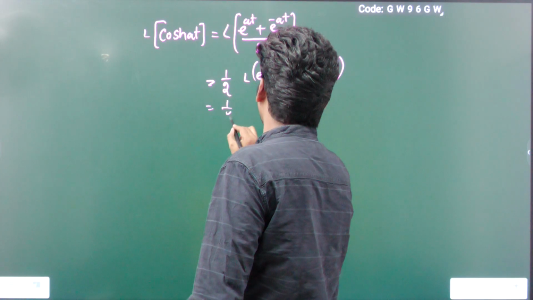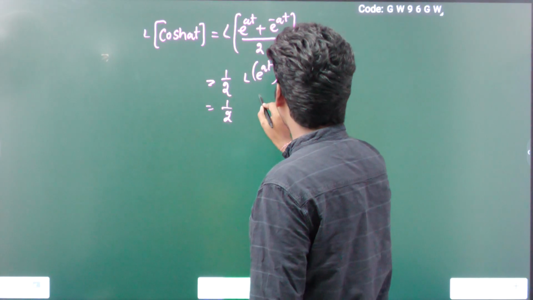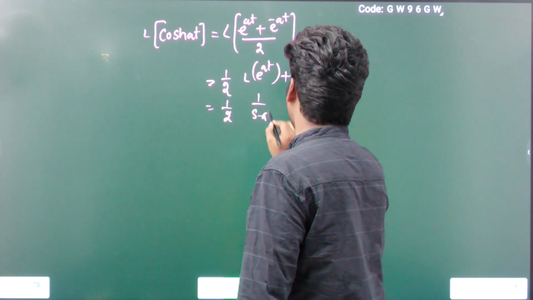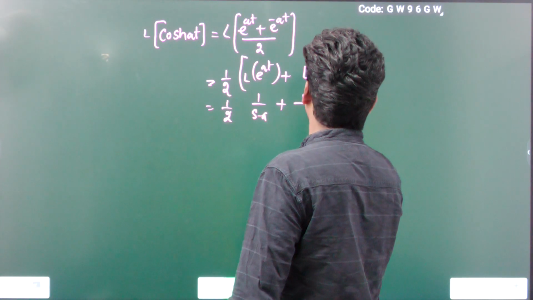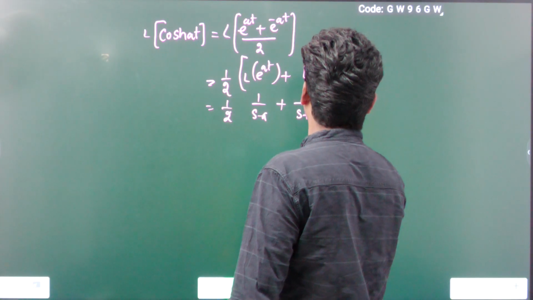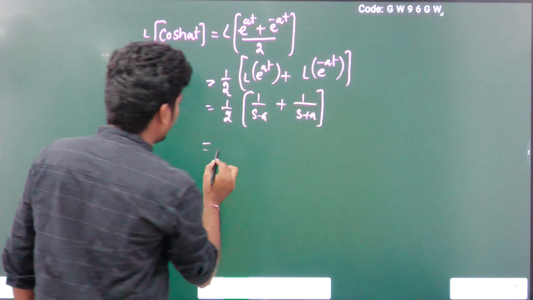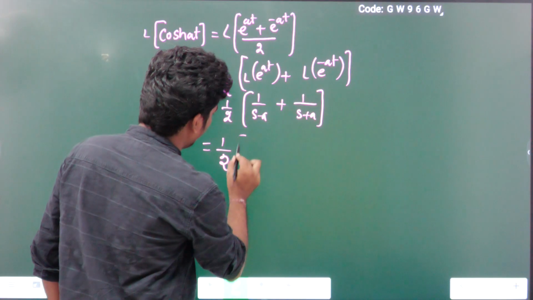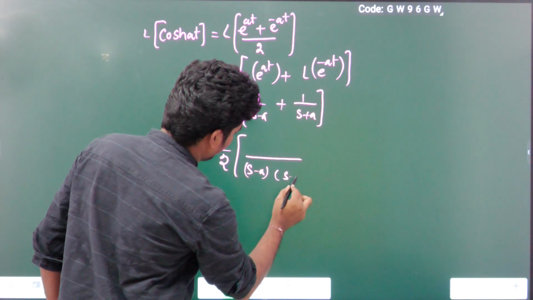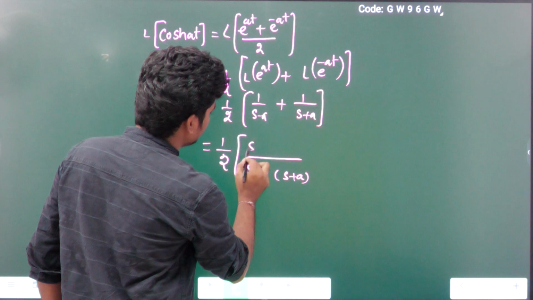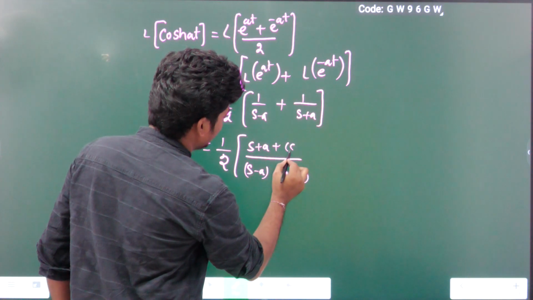1 by 2 into, e power at will be 1 by s minus a, this is the entire bracket, plus 1 by s plus a. Then 1 by 2 into the LCM, s minus a into s plus a, so it will be s plus a plus s minus a.